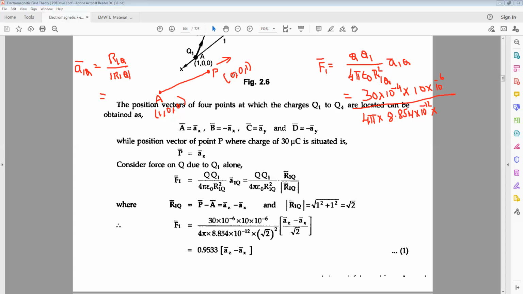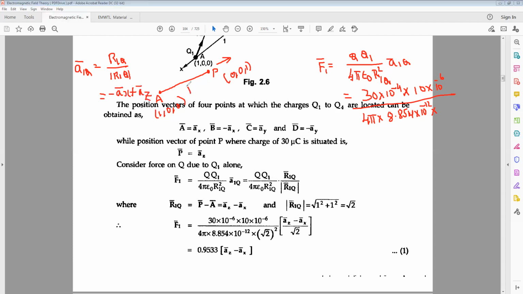So 0 minus 1, so minus AX bar, plus 0 minus 0, AY bar, there is no AY, and 1 minus 0, AZ bar.